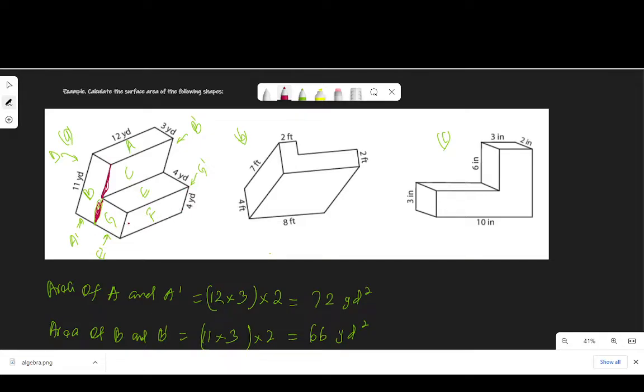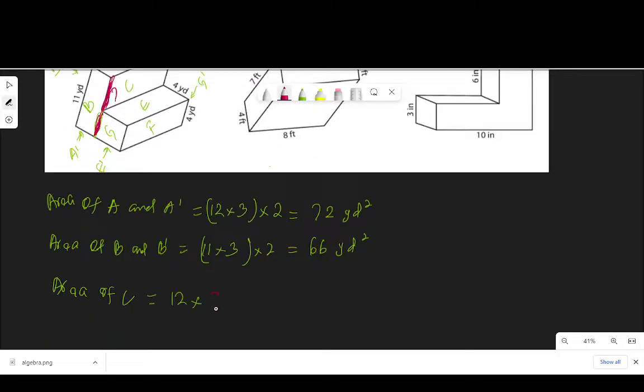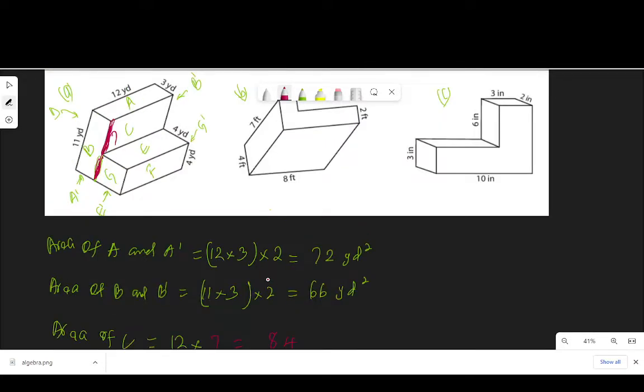This length and this length and this length, they are equal. So from here to here is 4. That means from here up will be 11 minus 4, which is 7. So here is 7. 7 times 12 will give us the area of C. So area of C is 12 times 7. Let me use a calculator for that. 12 multiplied by 7, 84. Area of C is 84.